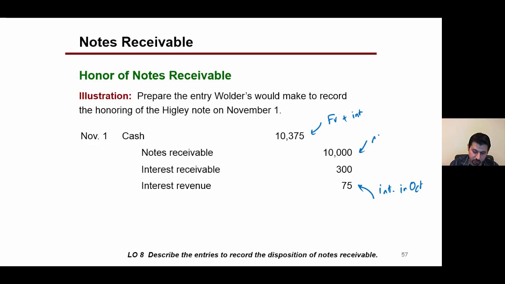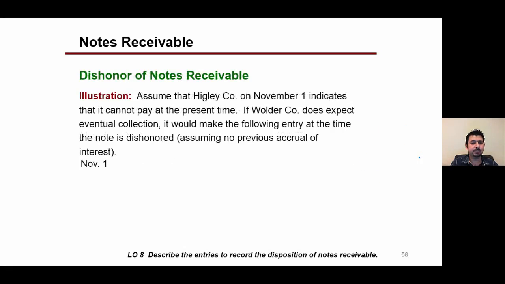This is the note receivable, the face value, and this one was for the 4 months before September 30th. Now let's say that the maker dishonors the note receivable.